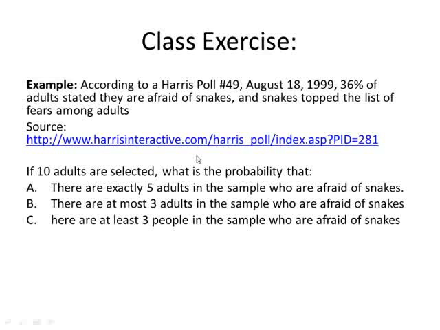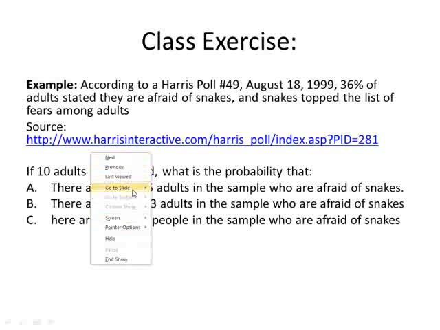If 10 adults are selected, what is the probability that there are exactly 5 adults in the sample who are afraid of snakes? There are at most 3 adults in the sample who are afraid of snakes. There are at least 3 people in the sample who are afraid of snakes. So let's take a look at these individually.